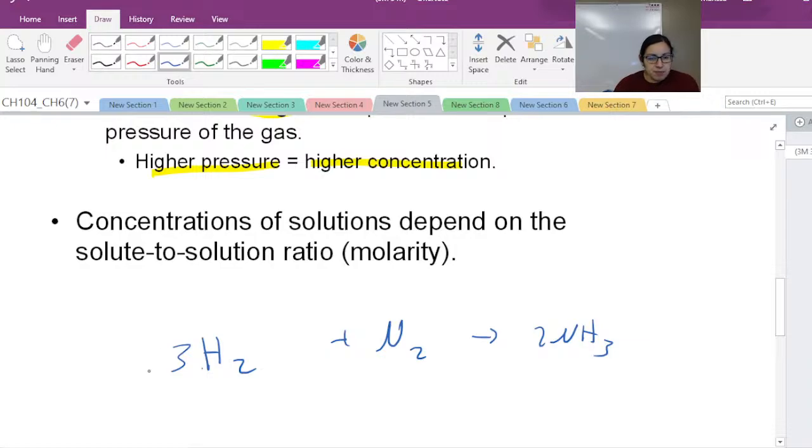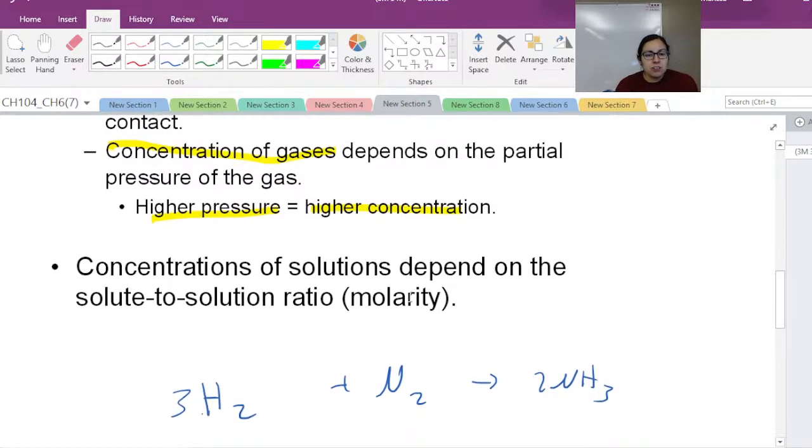But part of the caveat of this reaction is that it has to be forced and requires a lot of energy. As you might imagine, this reaction is run at pretty high pressures. That goes back to this concept: high pressures to get that reaction to go, so higher concentration.